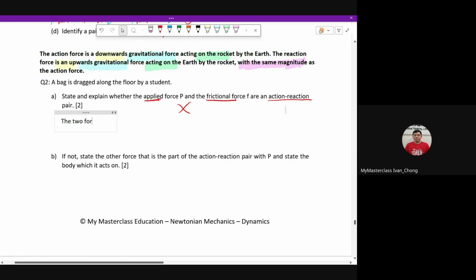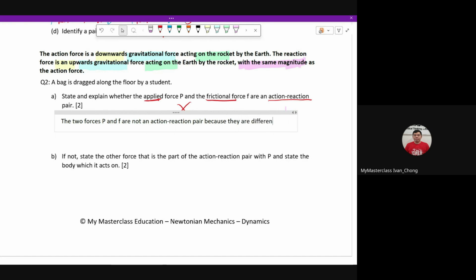The 2 forces, P and F, are not an action-reaction pair because they have different natures.